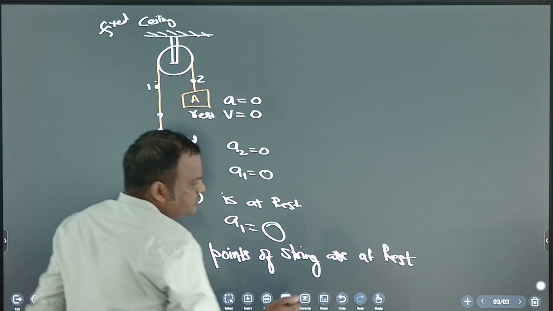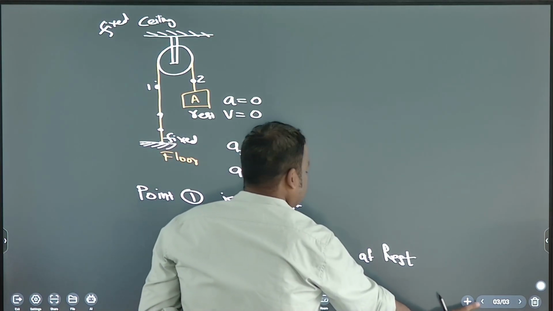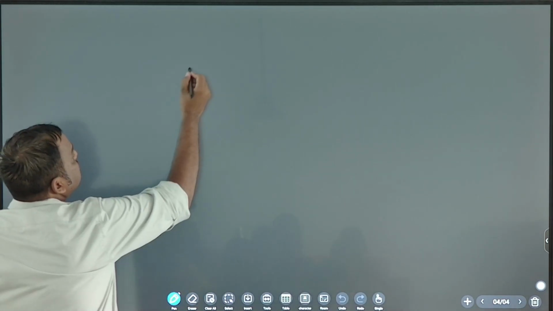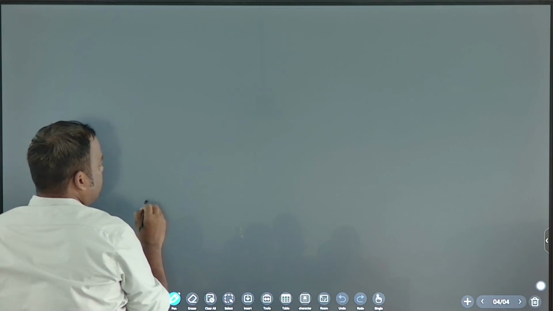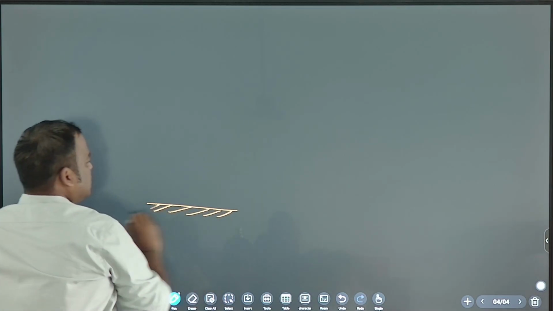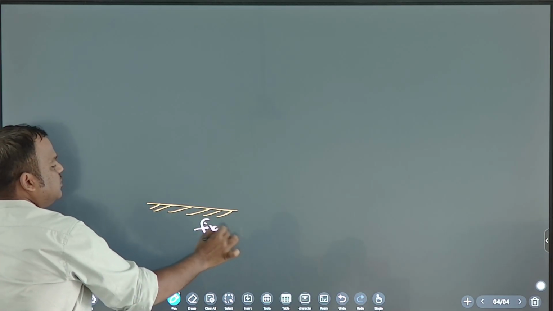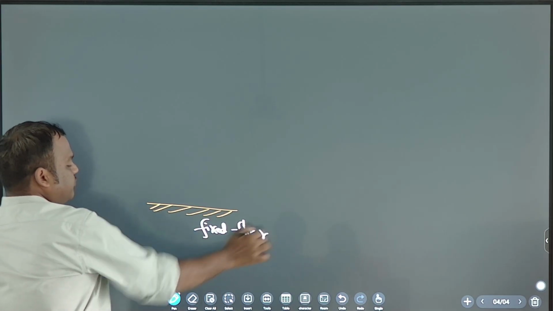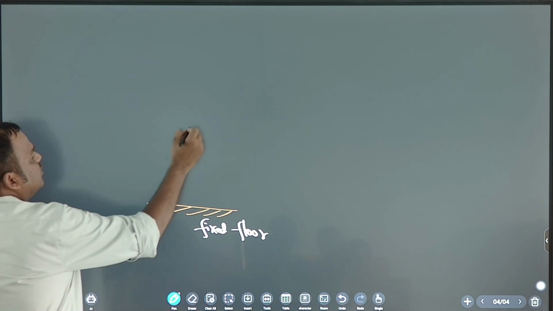Next example. Now this is the fixed floor. One pulley is there.